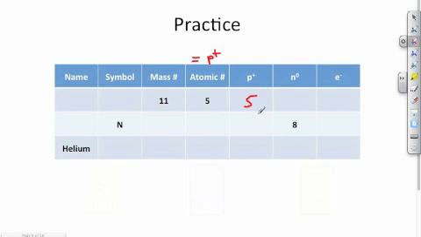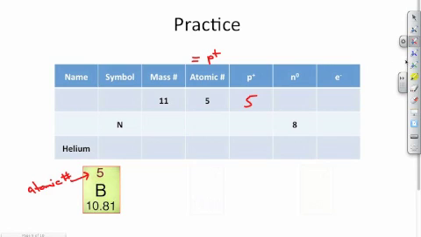Another thing that I know is that there's only going to be a certain type of atom that has 5 protons, and that is going to be a boron atom. Its atomic number is 5. Remember, this is the smaller whole number for an element in its box on the periodic table. And it has a mass number of 11 and an atomic number of 5.